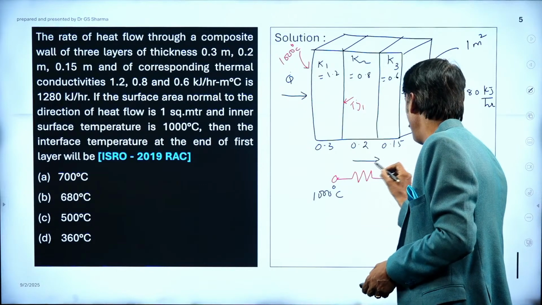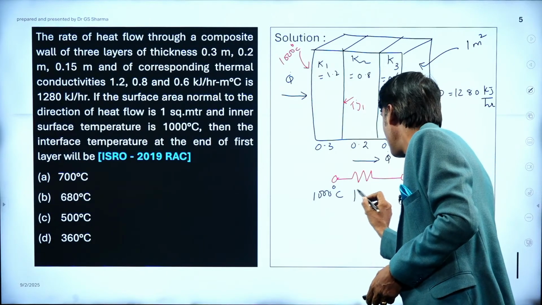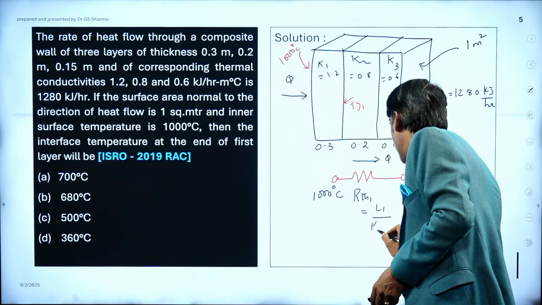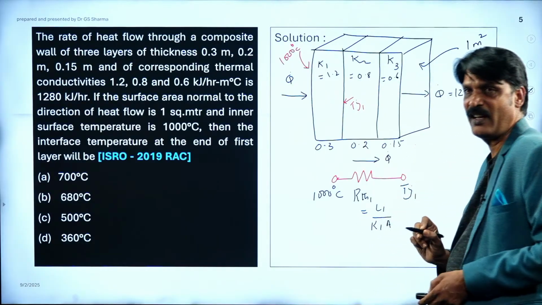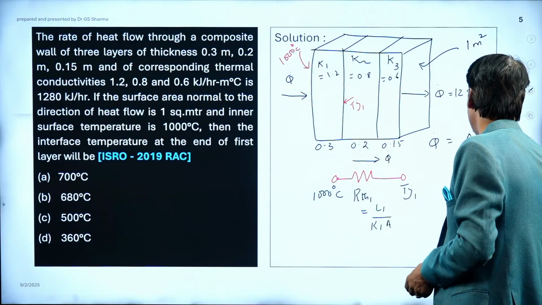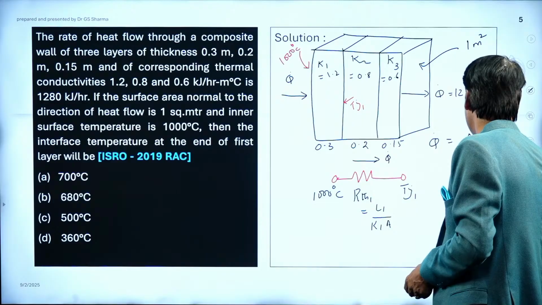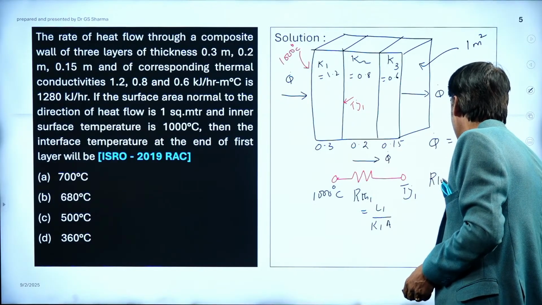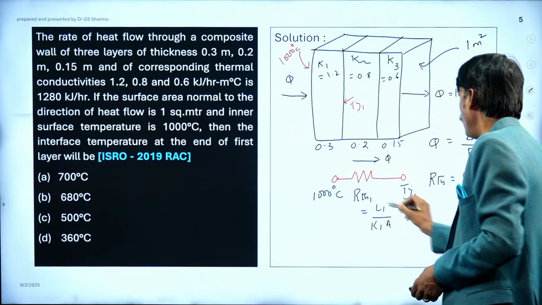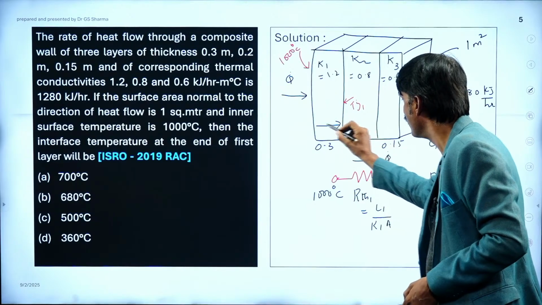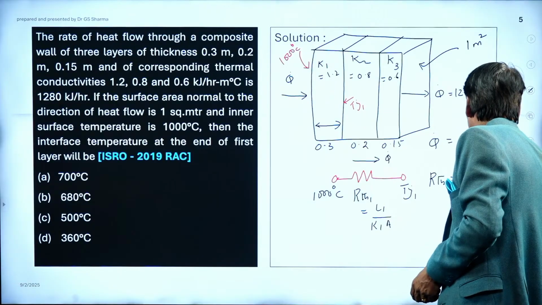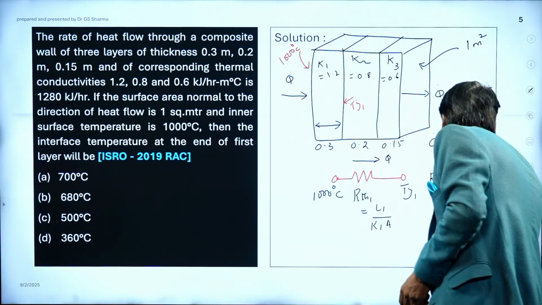The amount of heat flow I know, and this resistance is thermal resistance 1, which is equal to L1 by K1 A. Q dot is equal to delta T divided by thermal resistance. L is 0.3, divided by thermal conductivity 1.2 into area 1, so this becomes 1 by 4.